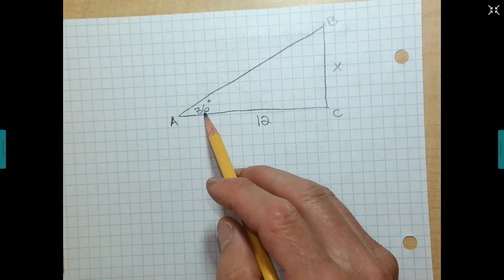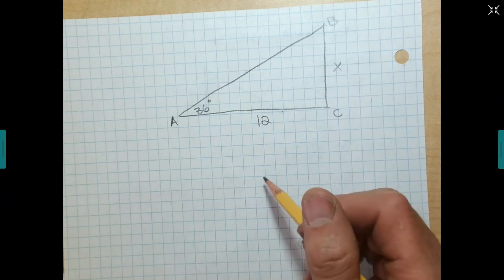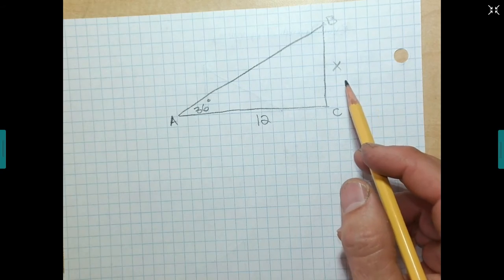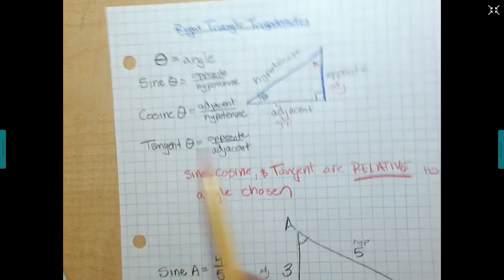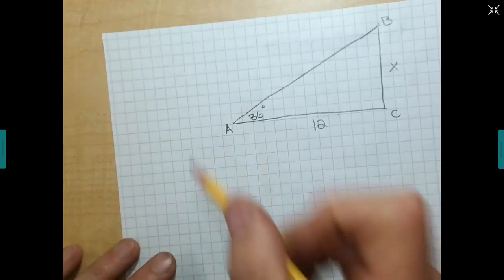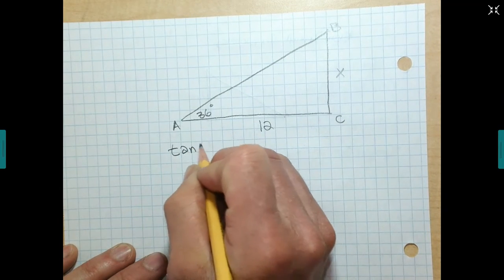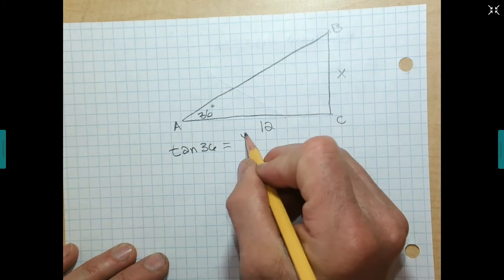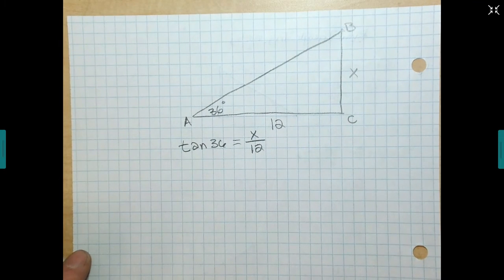So from this angle, your opposite over adjacent, your opposite is unknown. Opposite over adjacent, that's tangent, perfect. So tangent of 36 equals x over 12.